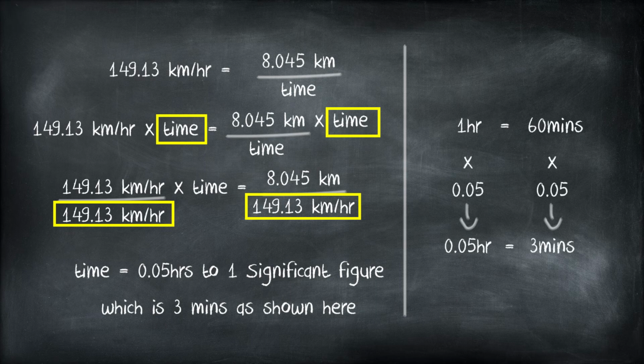Since we know that 1 hour equals 60 minutes, we can multiply both sides of the equation by 60 to get that 0.05 hours is equal to 3 minutes. Therefore, we can say that it took Abdullah 3 minutes to one significant figure to complete the desert time trial.